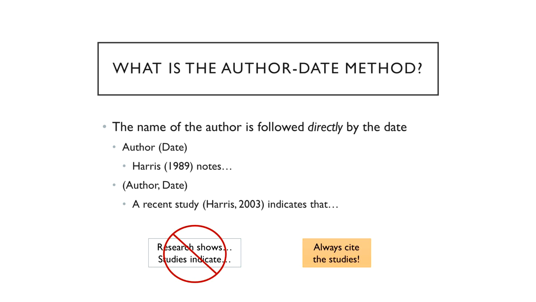They're always immediately together. So it's either going to appear as author, and then the date in parentheses, like in a sentence it might say, Harris (1989) notes that children are really smart.